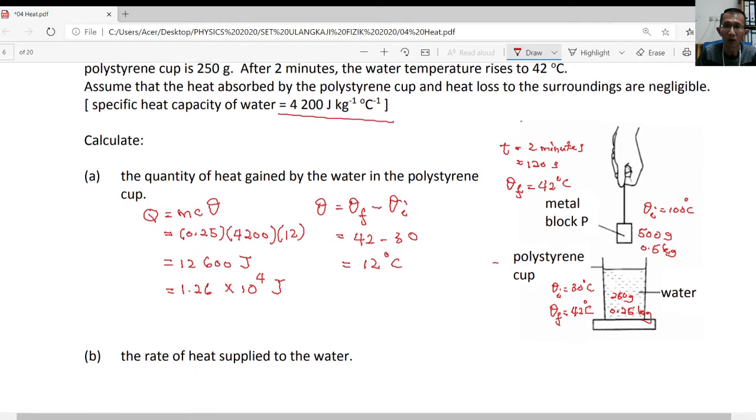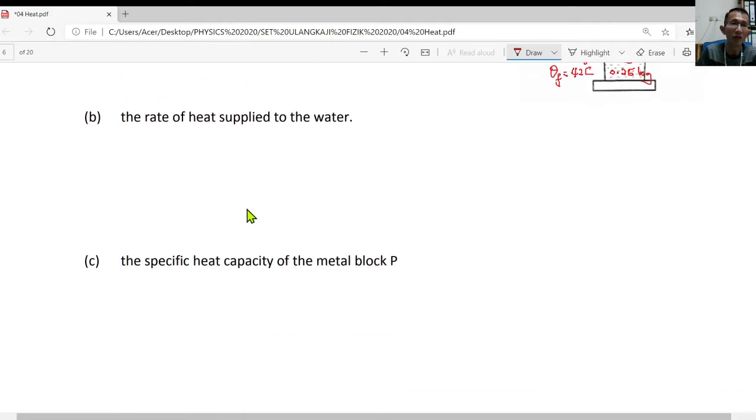Let's move to the next question. The rate of heat supplied to the water. Our Q just now, we have found to be 12,600 joule, and the time, remember, is 2 minutes, which is 120 seconds. The rate of heat supply is very easy: just take the heat and divide by time.